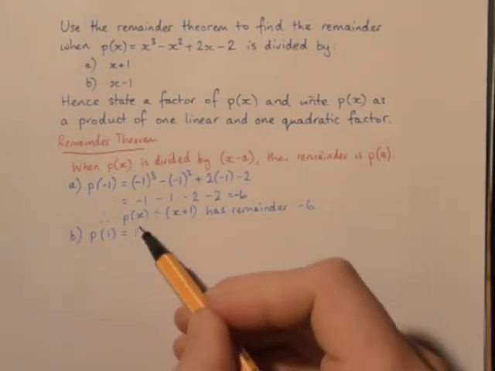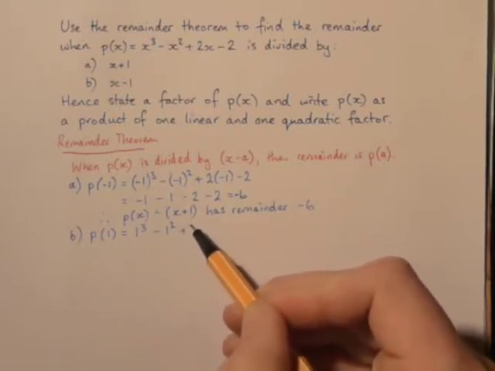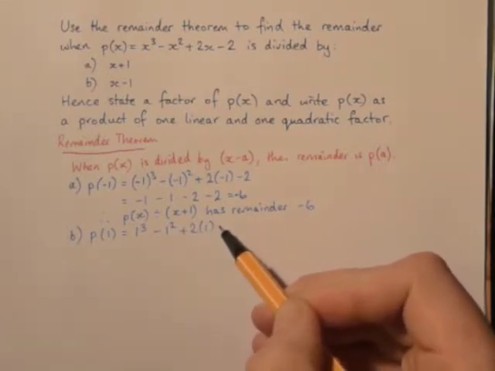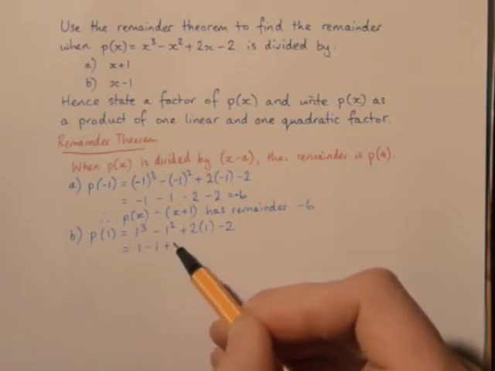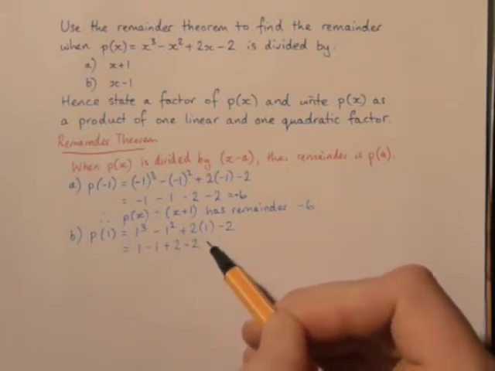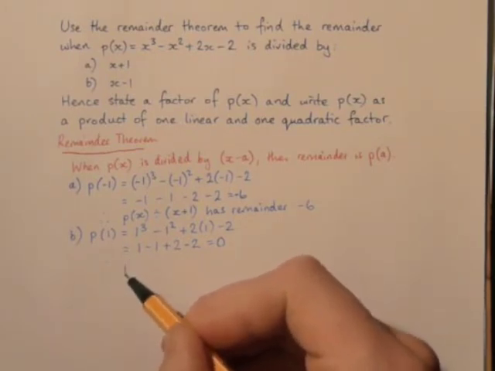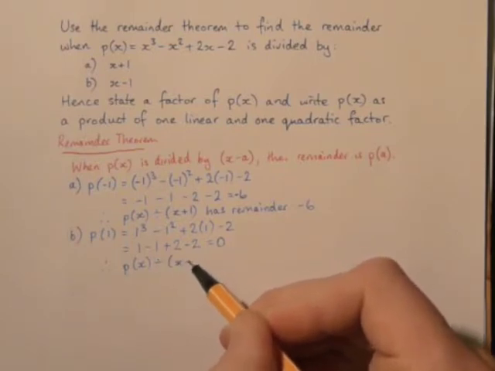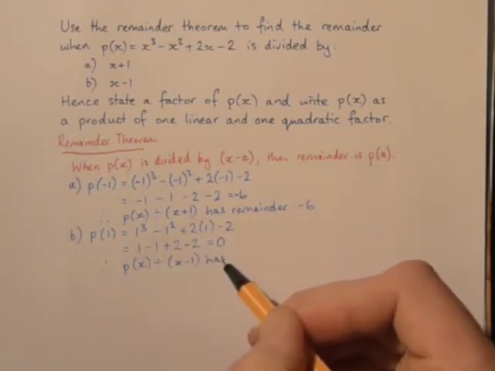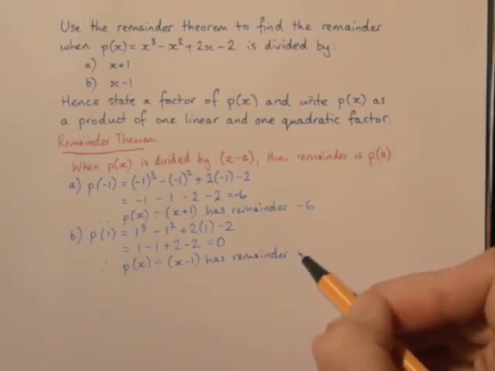And that's going to be 1 cubed minus 1 squared plus 2 lots of 1 minus 2, which is 1 minus 1 plus 2 minus 2, which is 0. So p of x divided by x minus 1 has remainder 0.